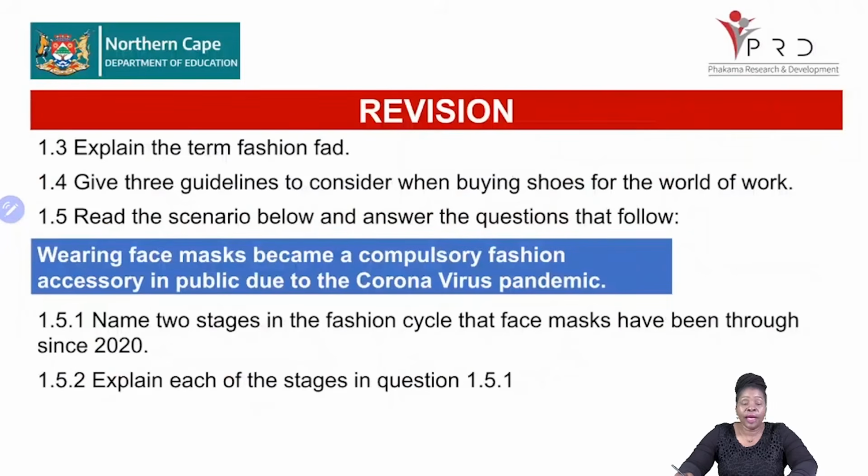It says, wearing face masks became a compulsory fashion accessory in public due to the coronavirus pandemic. And then 1.5.1 says, name 2 stages in the fashion cycle that face masks have been through since 2020. And then 1.5.2 says, explain each of the stages in question 1.5.1.